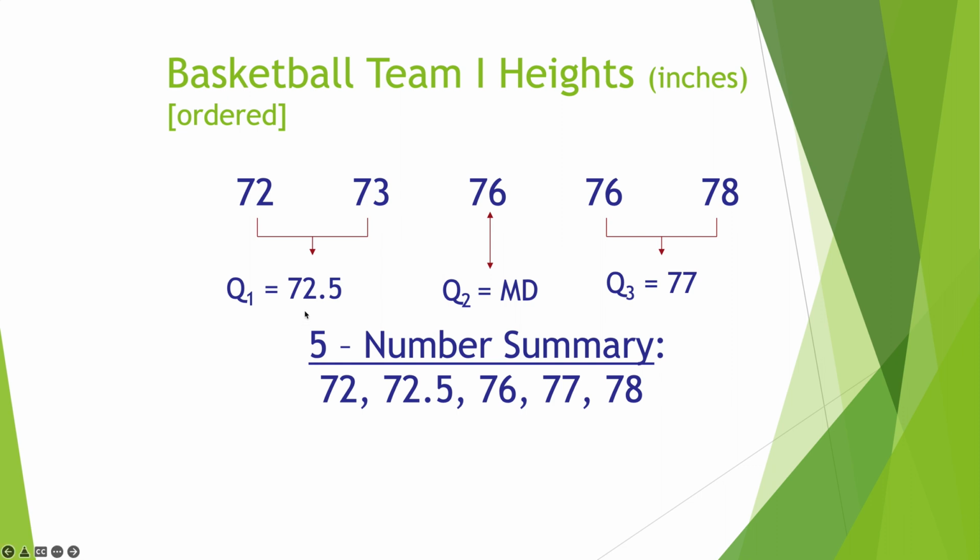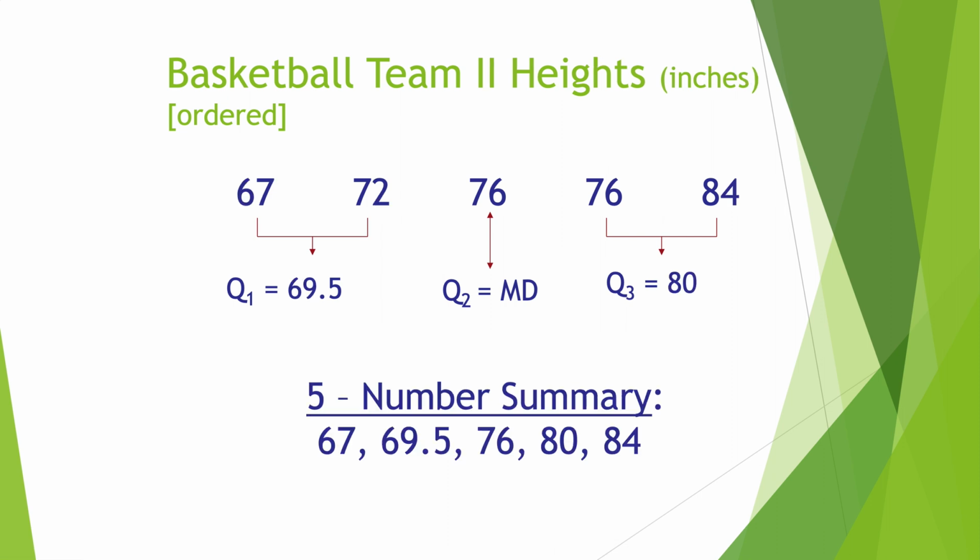That was 72.5. So that's my first quartile. And then I find the median of the numbers in the upper half, and the median of that is 77. So there's my third quartile. So the lower quartile is the median of the lower half. The upper quartile is the median of the upper half.